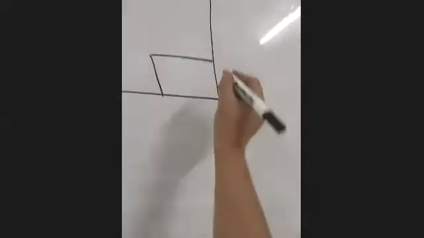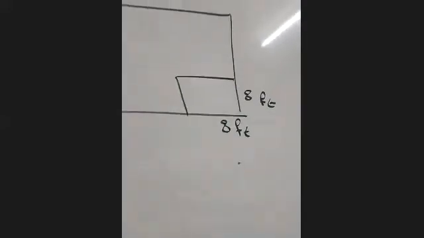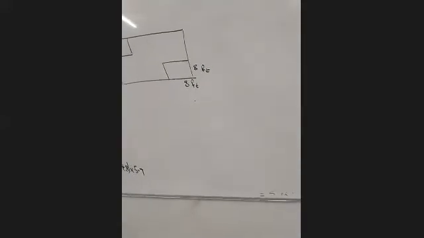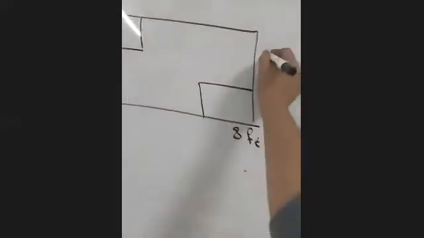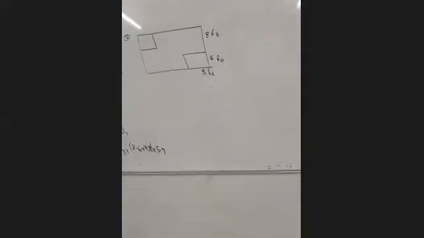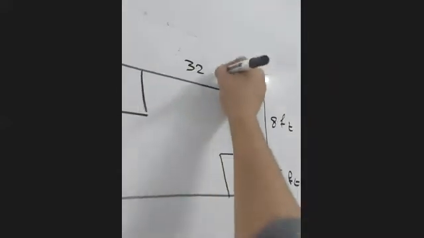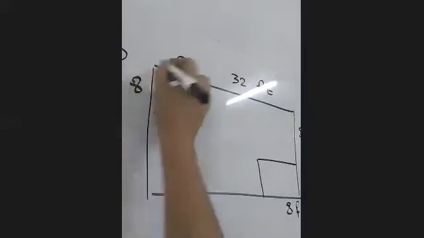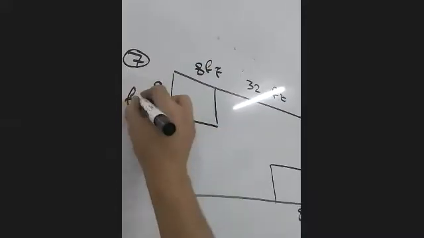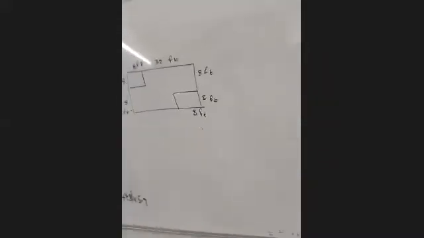Here we have 8, 8. Right? And here we have also 8. Now here we have 32 feet, and here we have 8, 8. And here also 8. Am I correct?